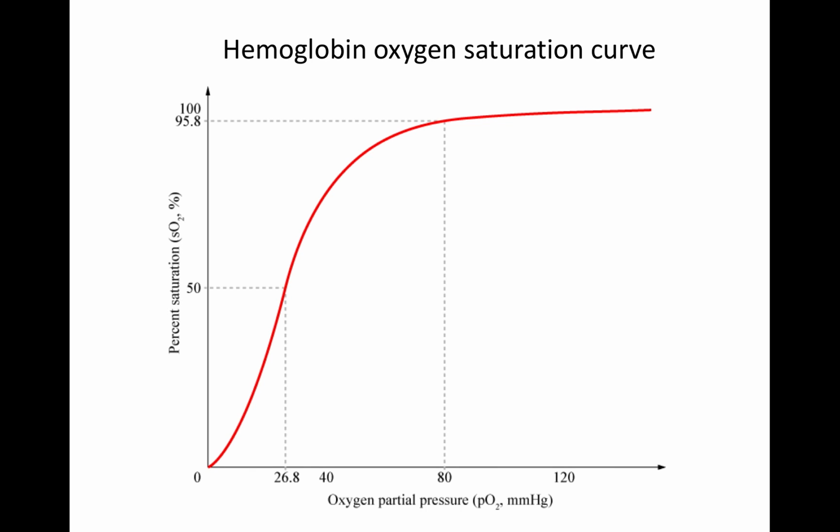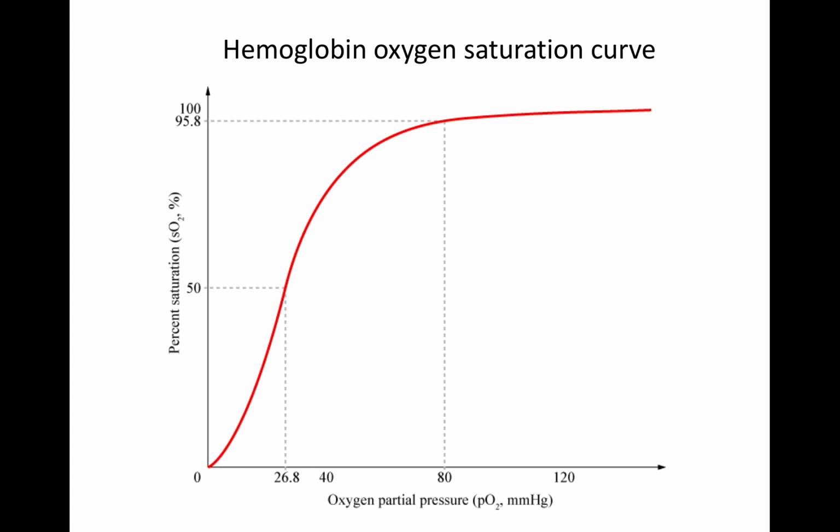So hemoglobin is actually a really interesting protein, and we can look at the way that it binds oxygen, and we can map out its affinity for oxygen, or in any particular context, how much of the hemoglobin protein is bound to or saturated with oxygen. And not surprisingly, it's actually dependent on the partial pressure of oxygen.